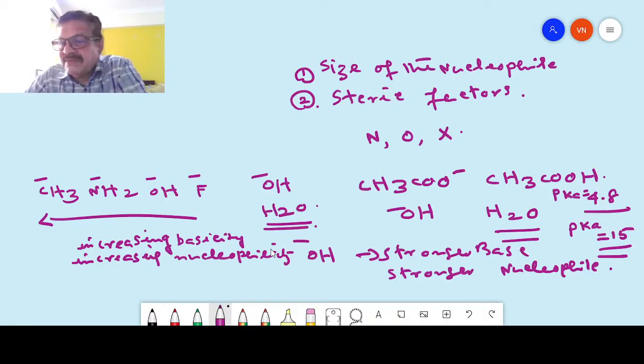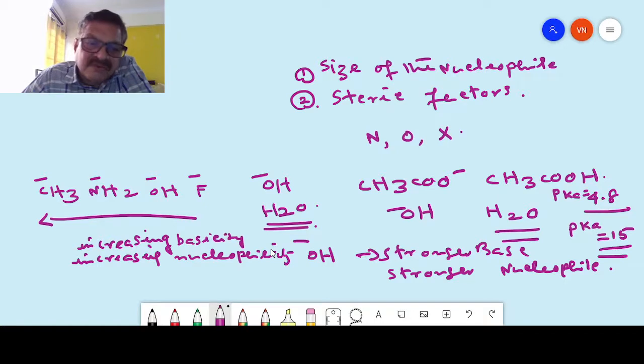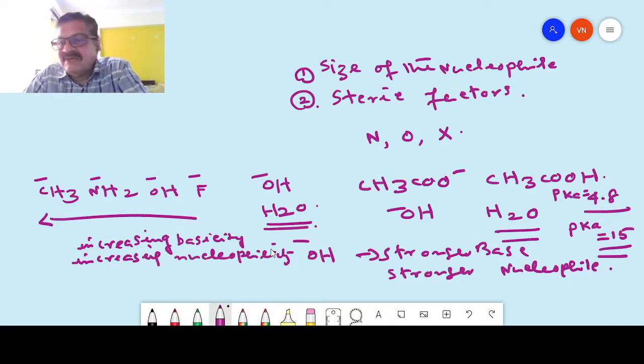So this is the point here: right to left across a row of the periodic table, nucleophilicity increases as the basicity increases. Increasing basicity, increasing nucleophilicity.